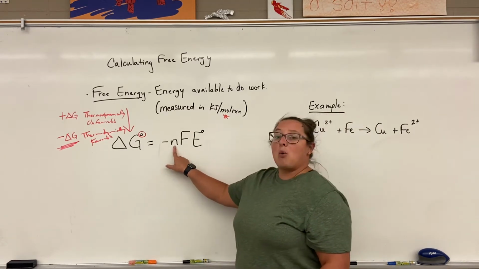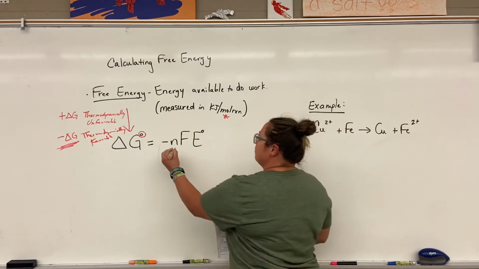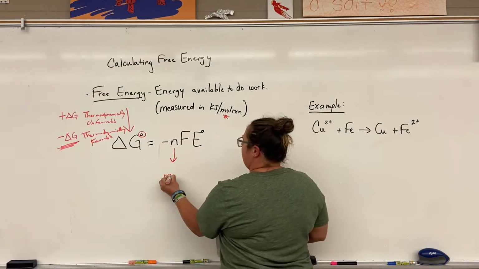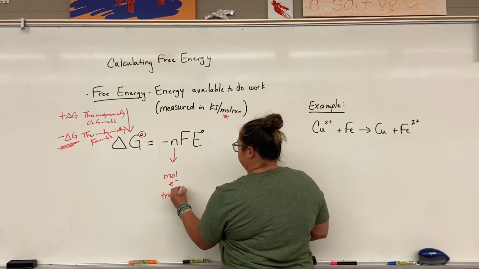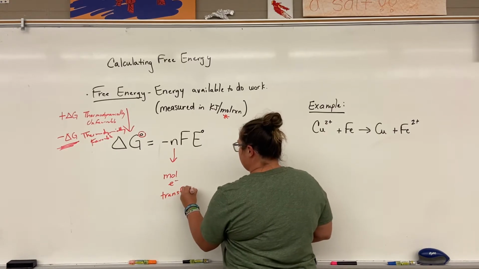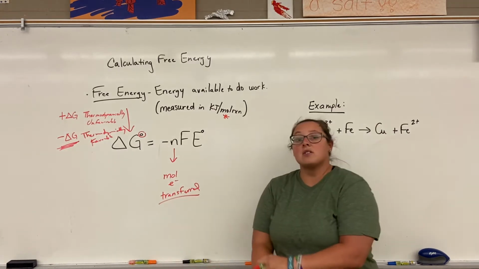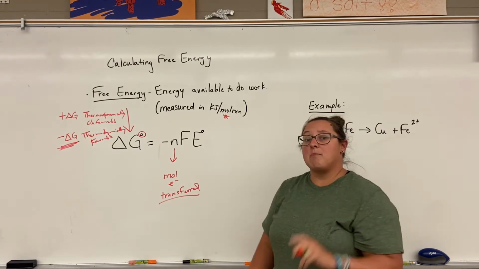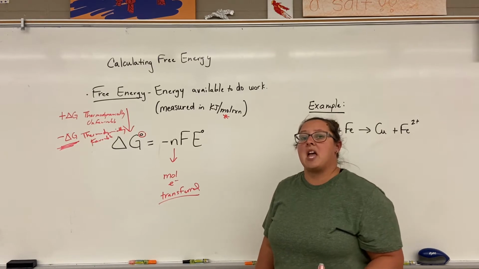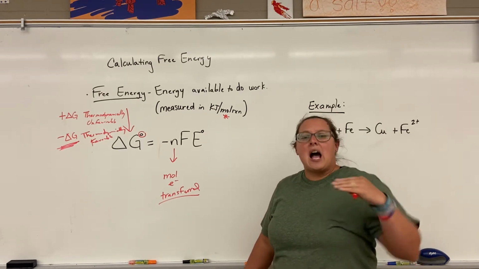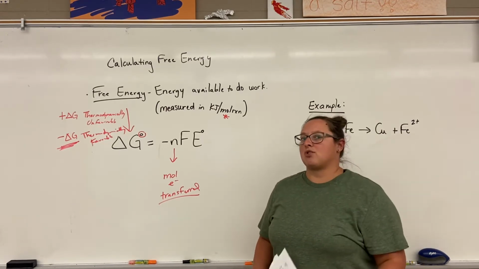So let's talk about what n means. n right here stands for moles of electrons transferred. Now remember at the very beginning when we did redox and single displacement, I kept asking you guys, how many moles are transferred?